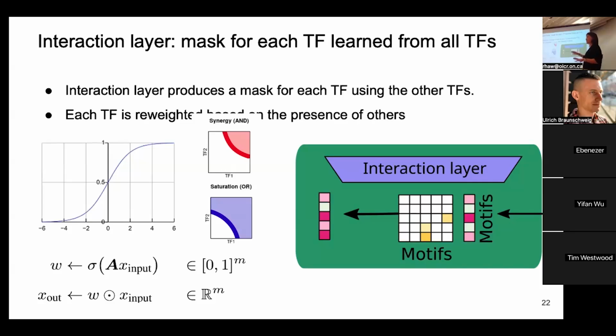If everything is 0 here, you have no interactions, you get a value of 0.5. You get to tune up or down the activation for that transcription factor based on what else is present. So you can capture a synergistic effect or a saturation effect. Your contribution can actually go down based on what else is around.